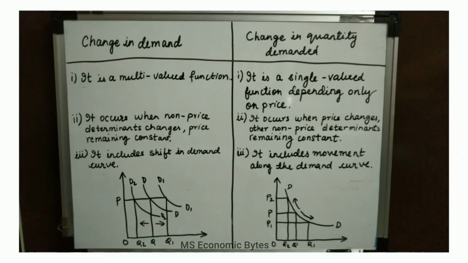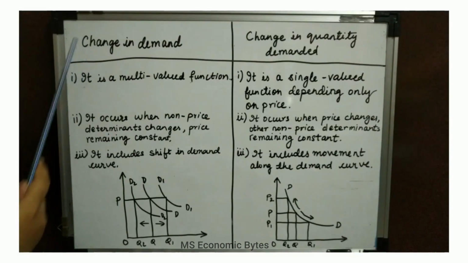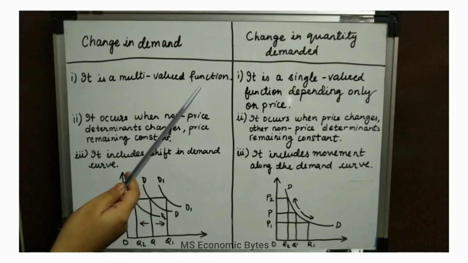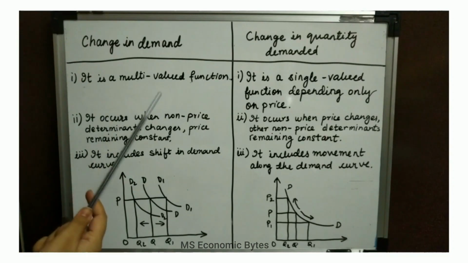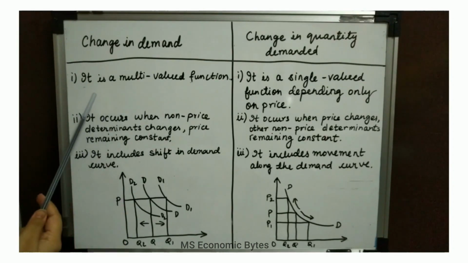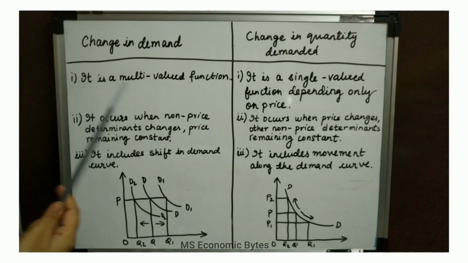Finally, we sum up this video by making a distinction between the main topics, that is change in demand and change in quantity demanded. So starting with change in demand, it is a multi-valued function. That is, it consists of all the non-price determinants. So therefore, it is a multi-valued function which influences demand.